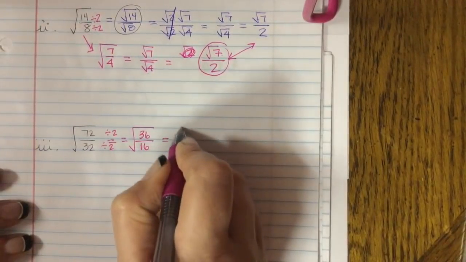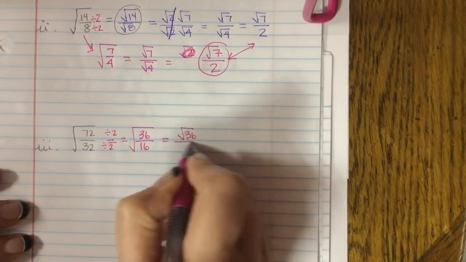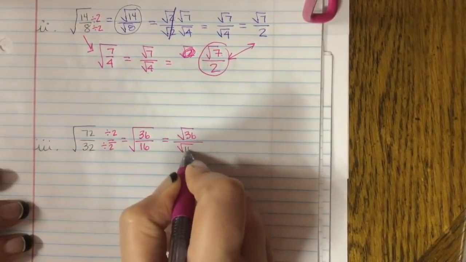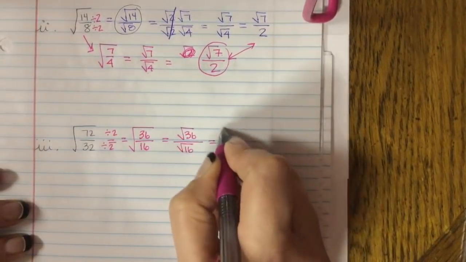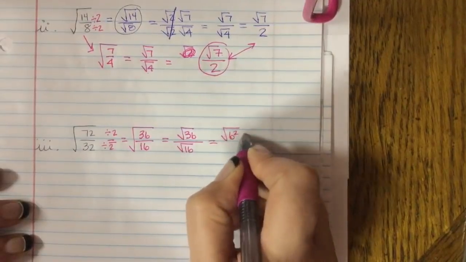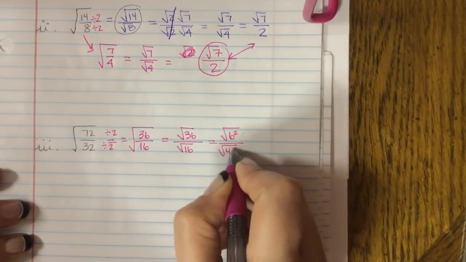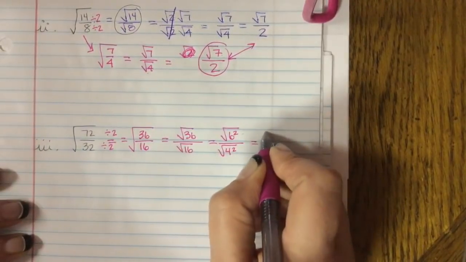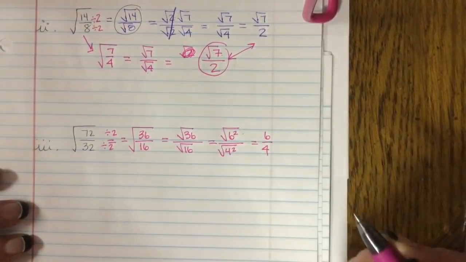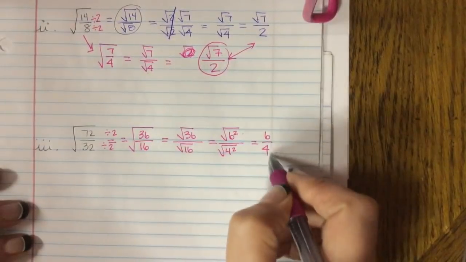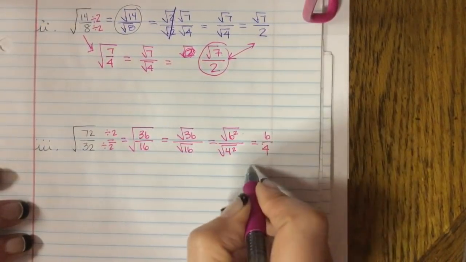Well, let's see. I'm going to rewrite it as the square root of 36 divided by the square root of 16. And I know that the square root of 36, well, that's the same thing as 6 squared. The square root of 16, that's the same thing as 4 squared. And that equals 6 over 4. Oh my goodness, but what can I do here? 6 over 4 reduces to 3 over 2.